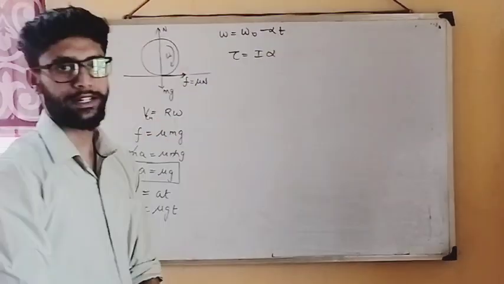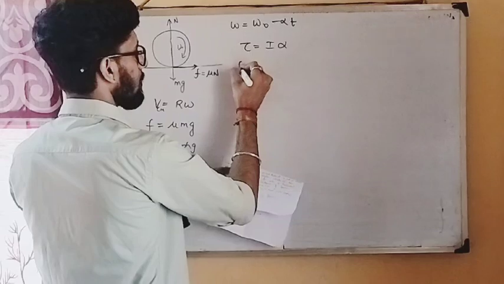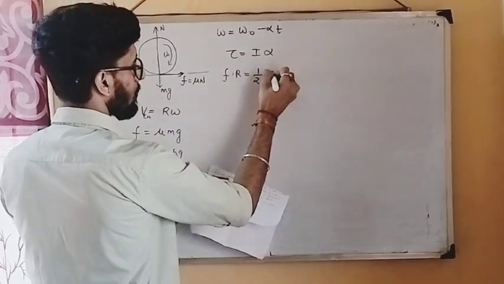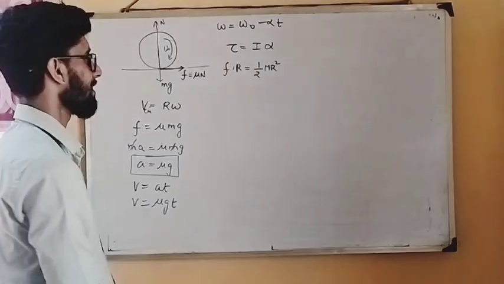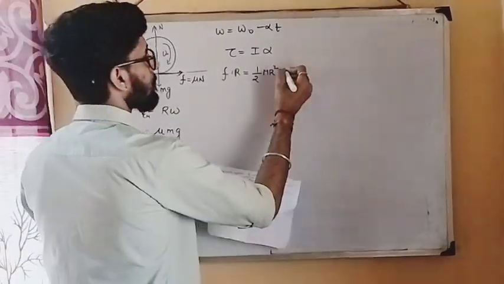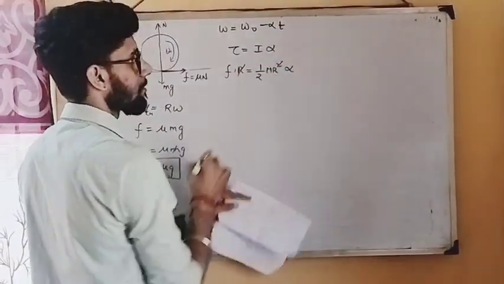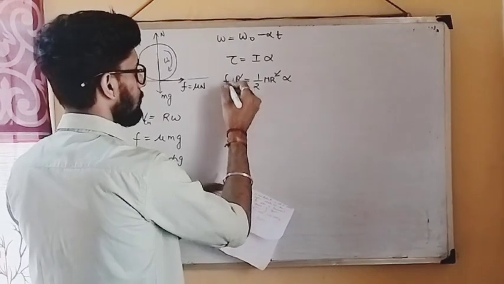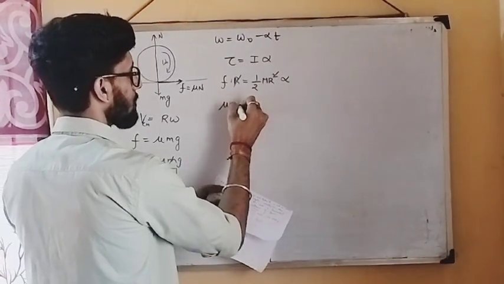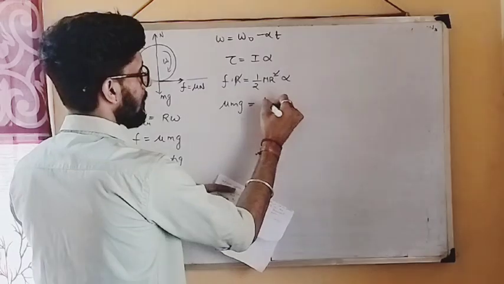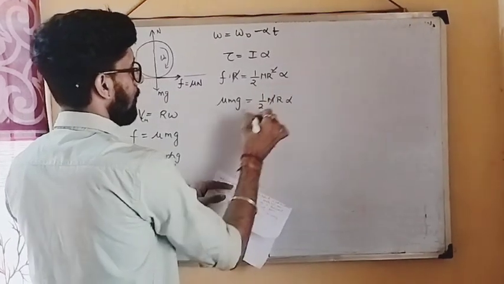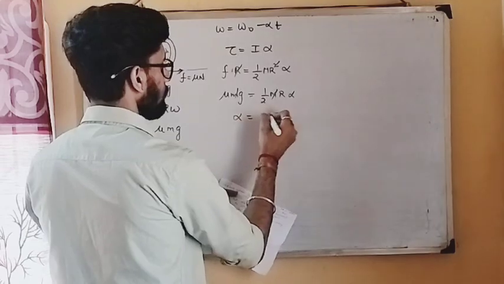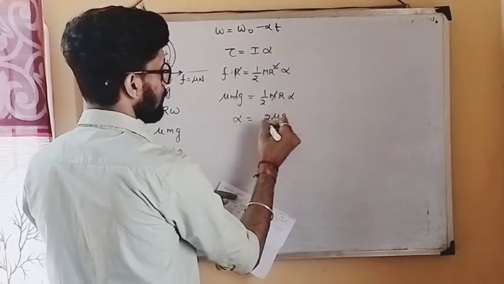Here the torque is provided by the frictional force. That is F into R is equal to half m r squared, that is the moment of inertia for the cylinder, into alpha. So R is omitted. From here we can calculate alpha: as F is equal to mu times mg, mu mg is equal to half m r alpha, or in other words alpha is equal to 2 mu g by r.